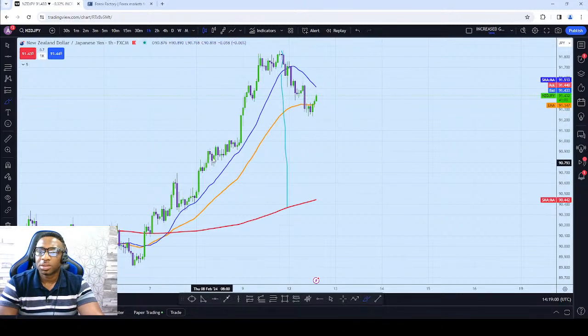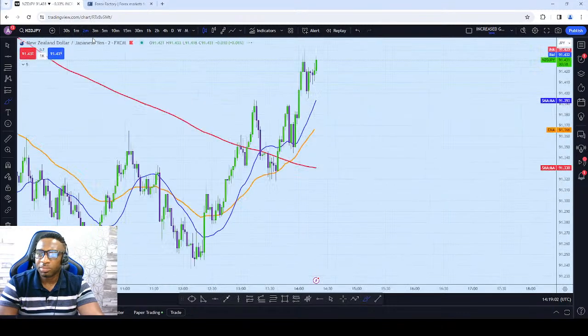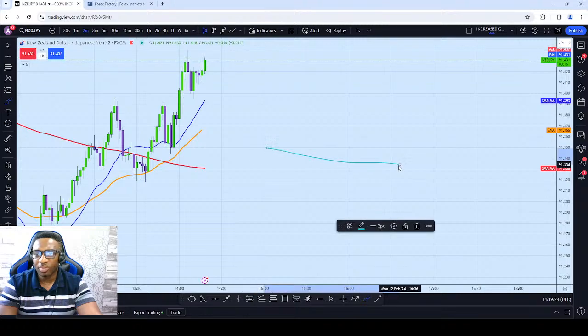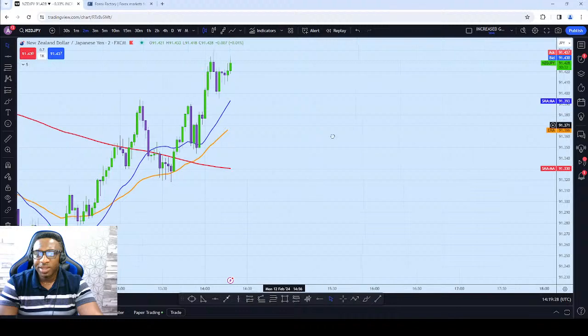Alright, I believe that makes it clear. So even on the 2 minutes, this is the 200 moving average, and this is where price is at now. So it is in the wide state. You can't sell from this point. It's moved from here all the way up there, and where it is, it's gone past. It's in the wide state.